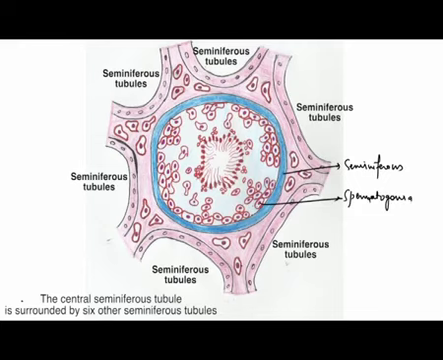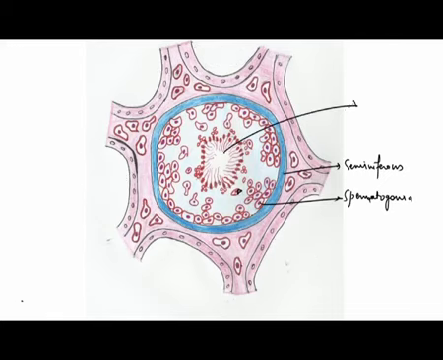This spermatogonia cell develops into mature cells and then migrates towards the central cavity which we call the lumen, and this lumen has a small opening giving passage to the mature spermatozoa.